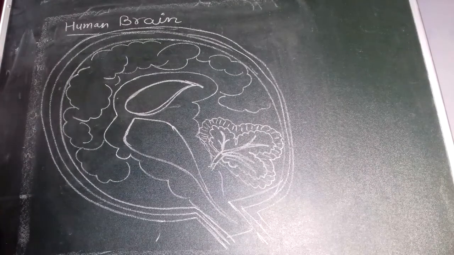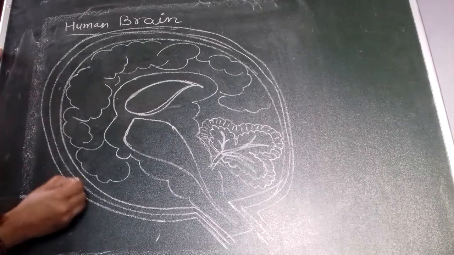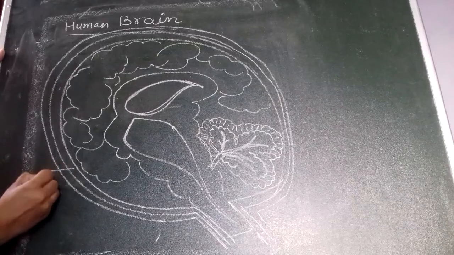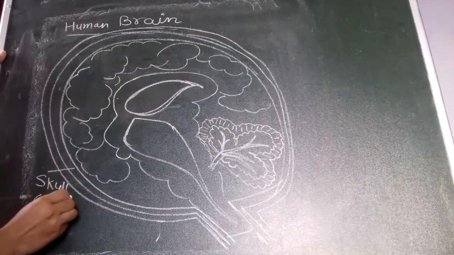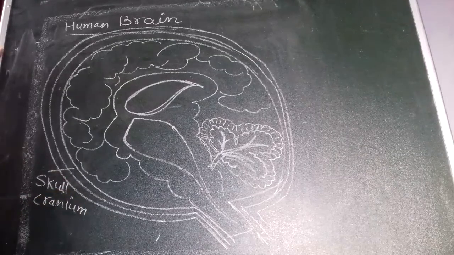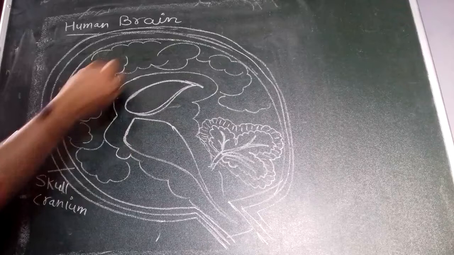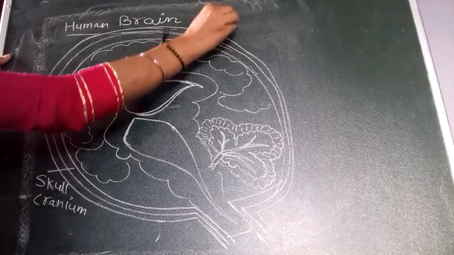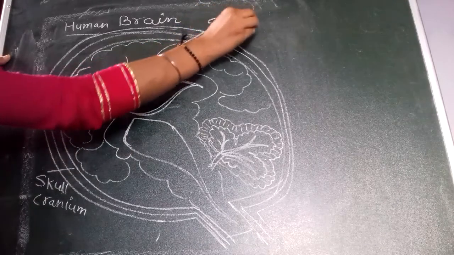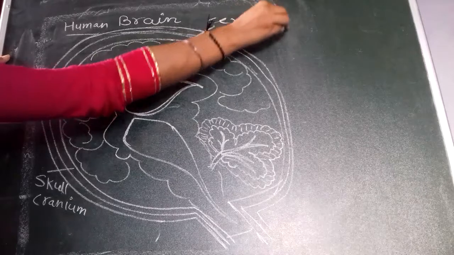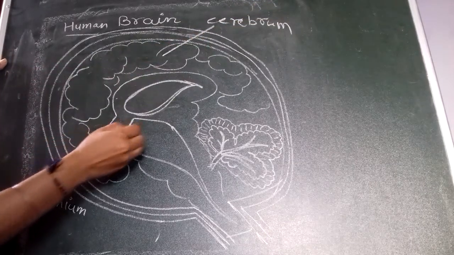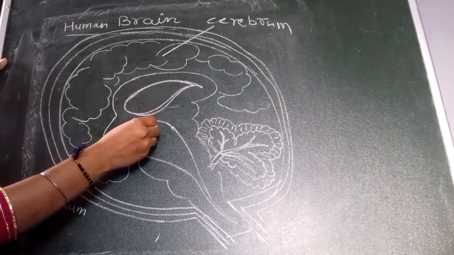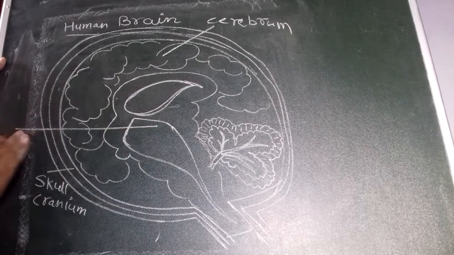Okay, now let's label it. For labeling, the brain is present in the skull, so we will write here skull, or we can also say cranium. Here this is the cerebrum, the largest part of our brain. This upper part is called, this one is the midbrain.